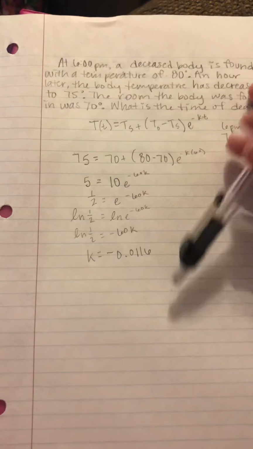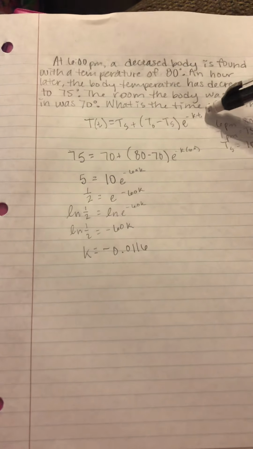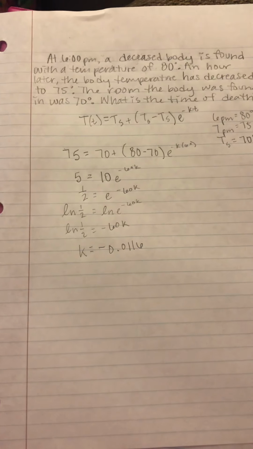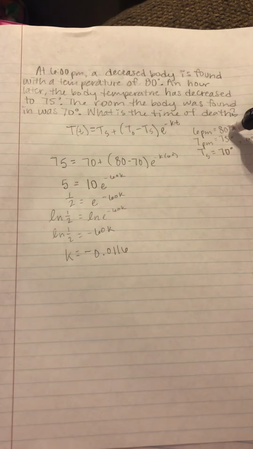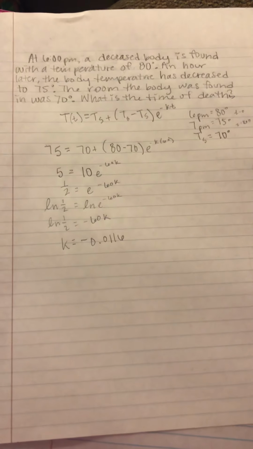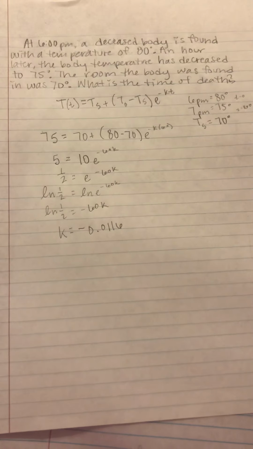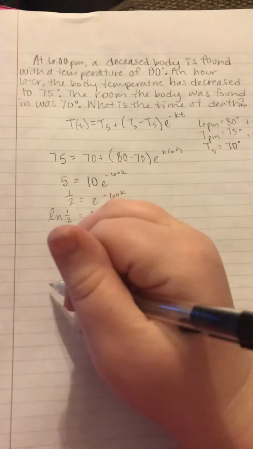So now that we know that, we're going to plug this in to another equation, the same one, but instead of finding k, we're going to find t. So since 80 degrees is the closest temperature to the normal body temperature, which is 98.6, we're going to use this one as our temperature.